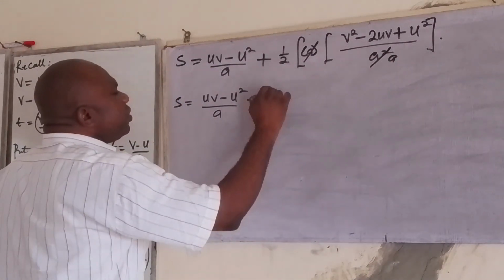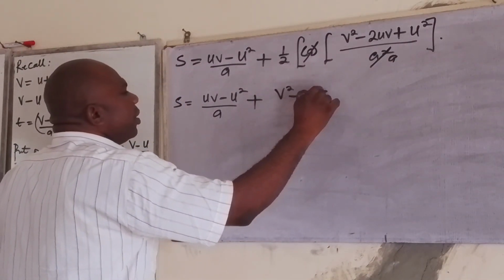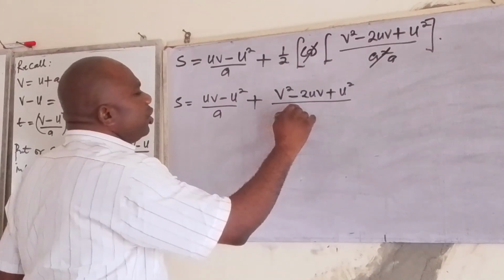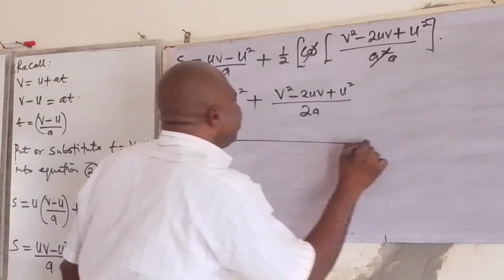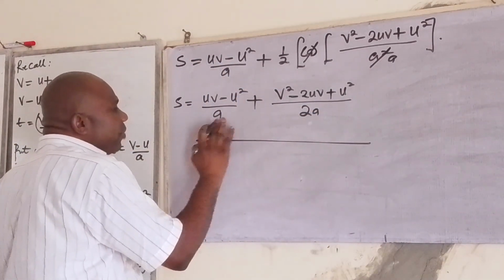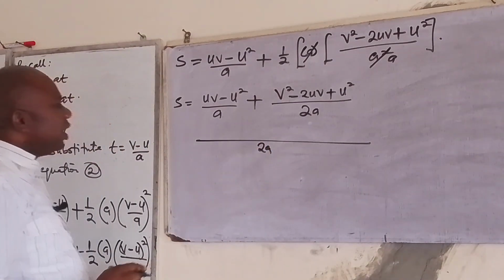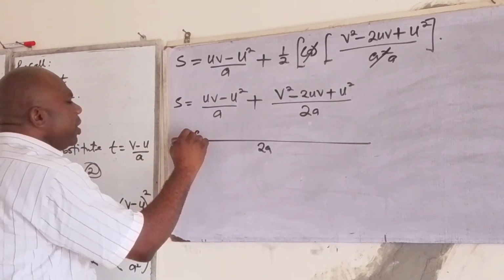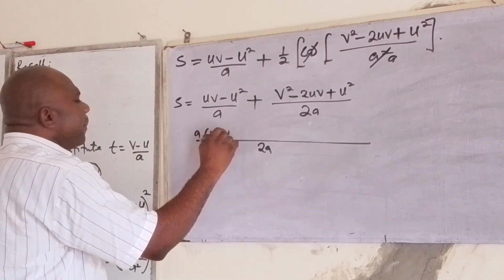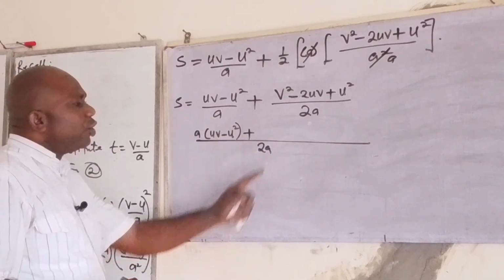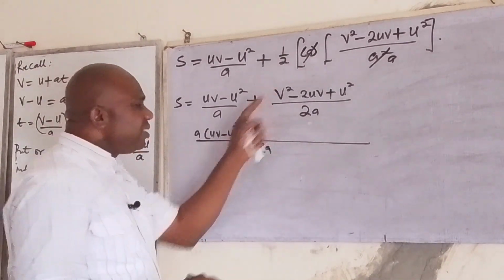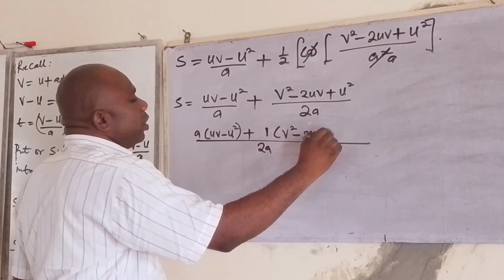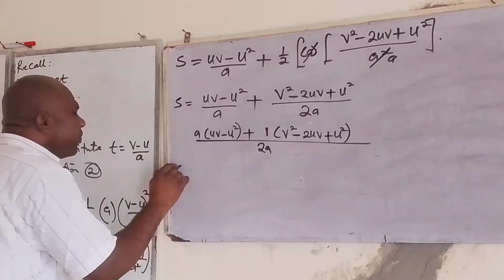So we have v squared minus 2uv plus u squared all over, now 2 times a is 2a. Now let's begin. The LCM of a and 2a is 2a. Now a into 2a is a, and a times the numerator will be a in brackets uv minus u squared, plus 2a into 2a is 1, 1 times this, it becomes 1 in brackets v squared minus 2uv plus u squared.